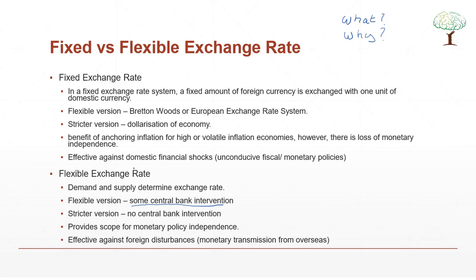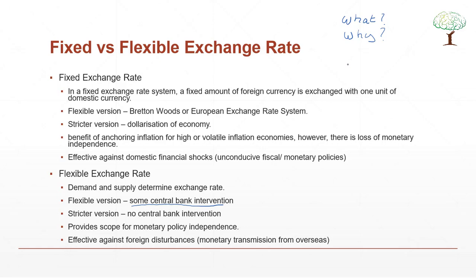In a flexible exchange rate, central bank does not intervene completely, but if suddenly from 75 it jumps to 70, it will intervene to stabilize the currency to a level that seems acceptable. And that is why when you see that rupee depreciates from say 60 to 70, RBI will intervene in the market and bring some stability to the movement of the currency. That is a more managed floating exchange rate adopted in many developing economies.